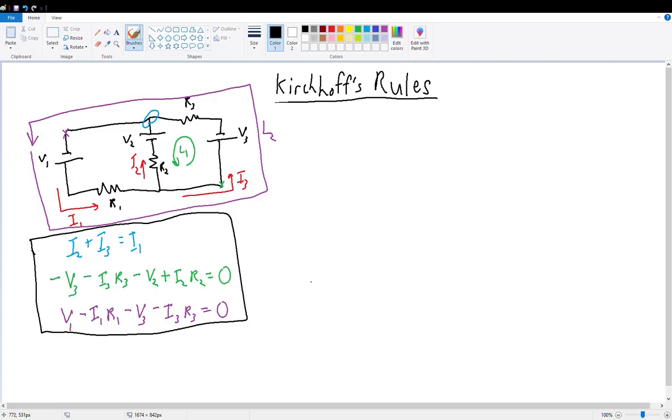If you want a step-by-step system, step number 1 is: how many currents do we have, and which way do they go?